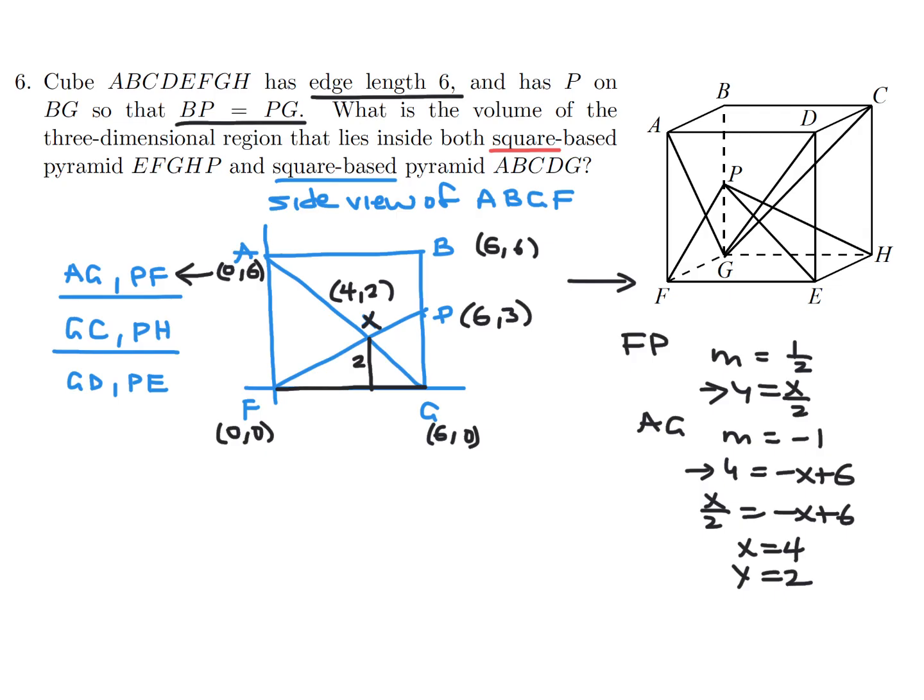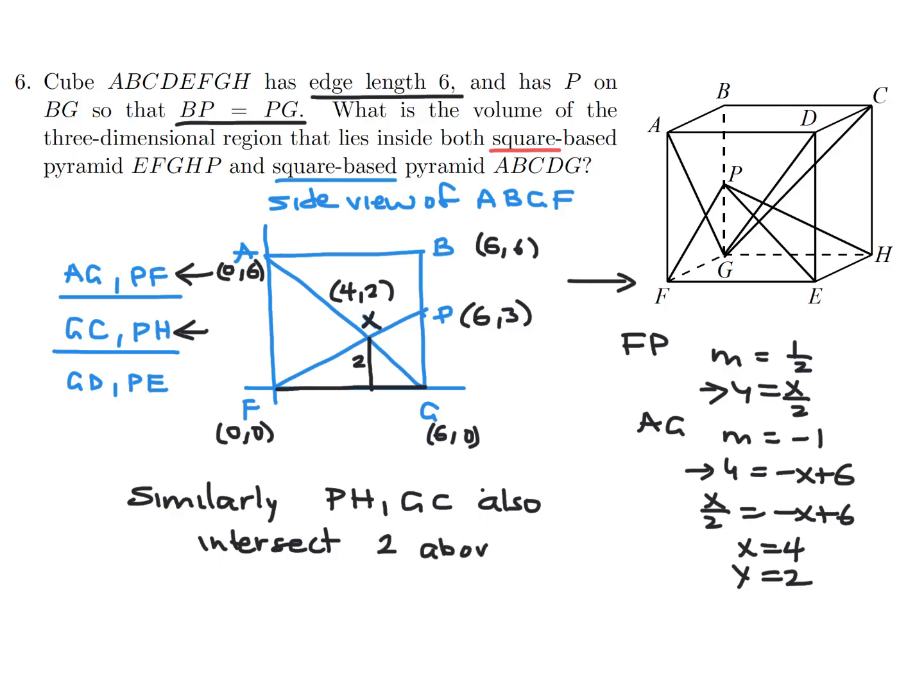Okay, that's actually very good progress. In a very similar way, you can show that PH and GC, these two lines, also intersect 2 above the base.